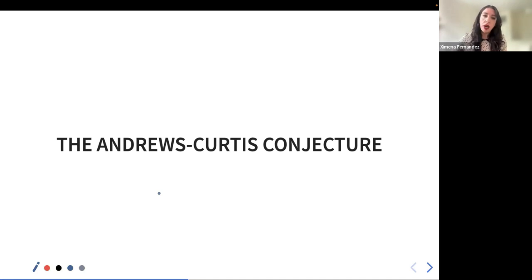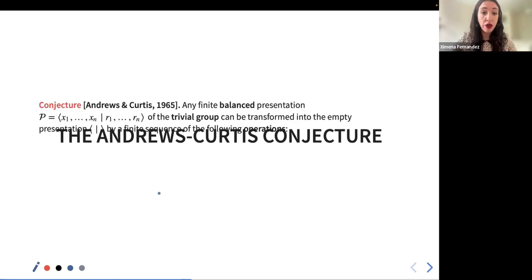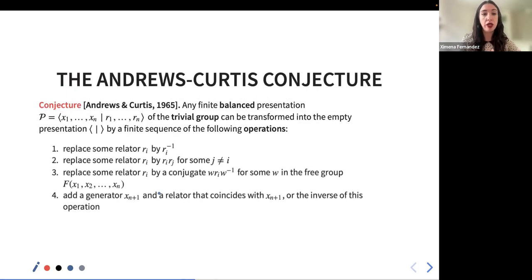So now I would like to apply these ideas to these two problems. The first problem is the Andrews-Curtis conjecture. This is a conjecture in combinatorial group theory, and it is still open from the 60s. It says that suppose you have a balanced presentation of the trivial group.